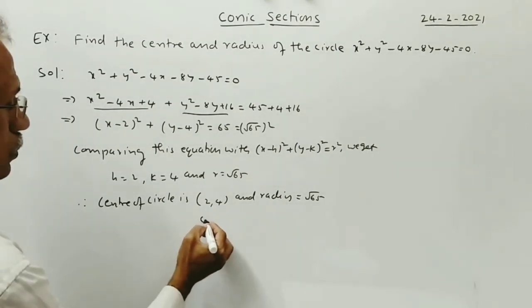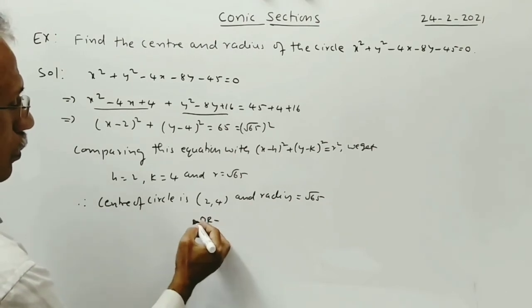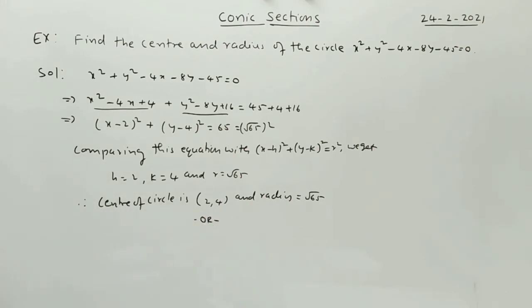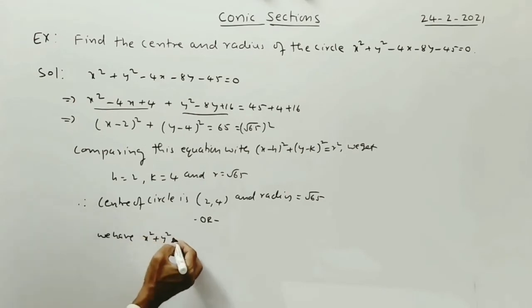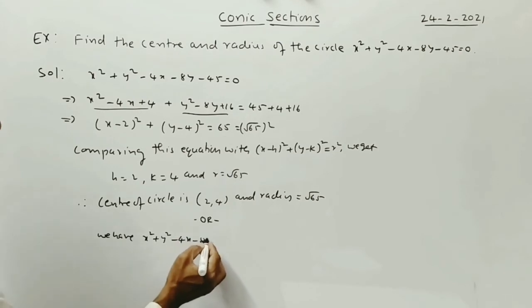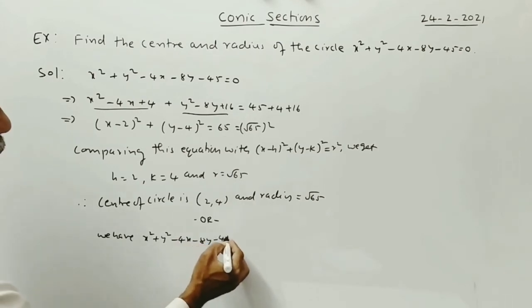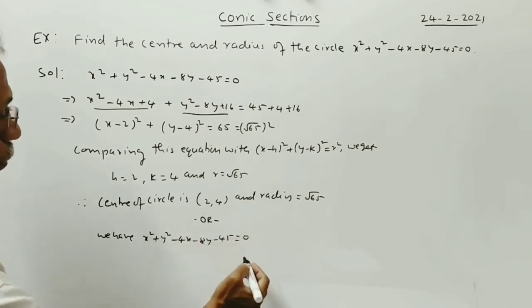Or by using another formula also we can find center and radius. We have x square plus y square minus 4x minus 8y minus 45 is equal to 0.